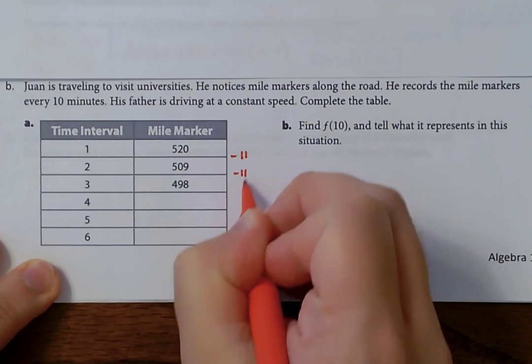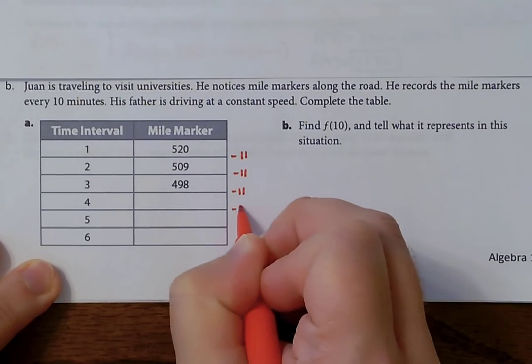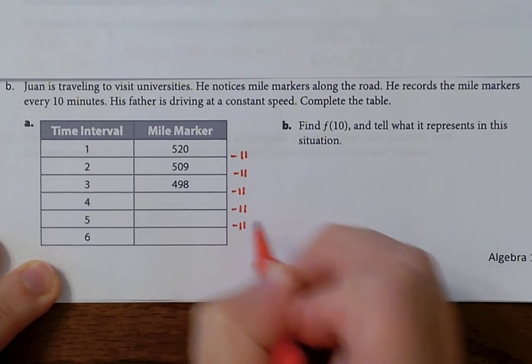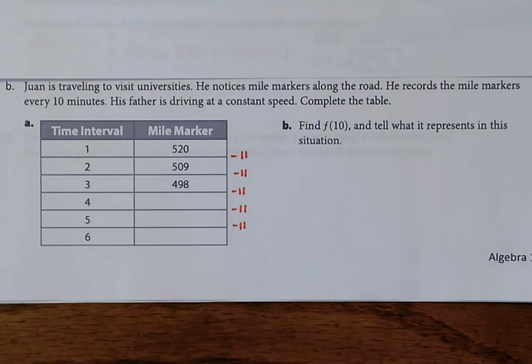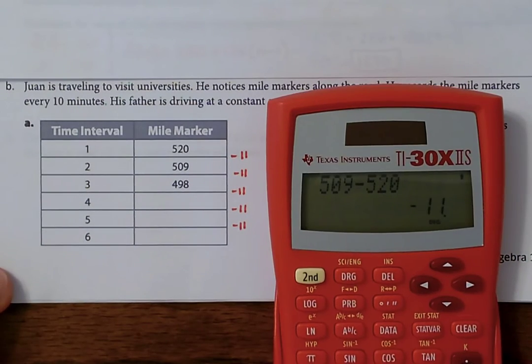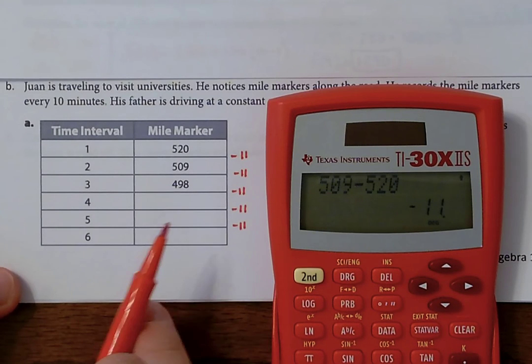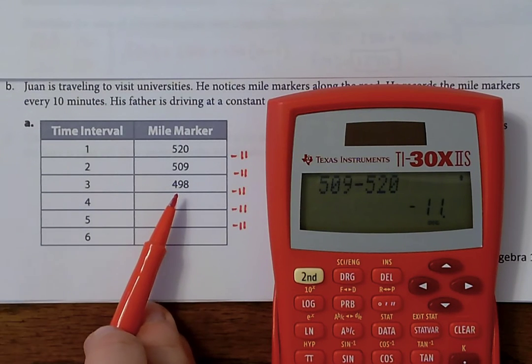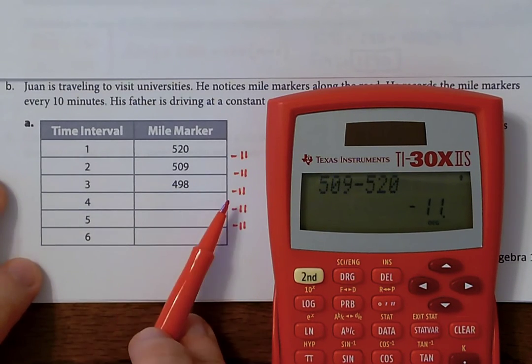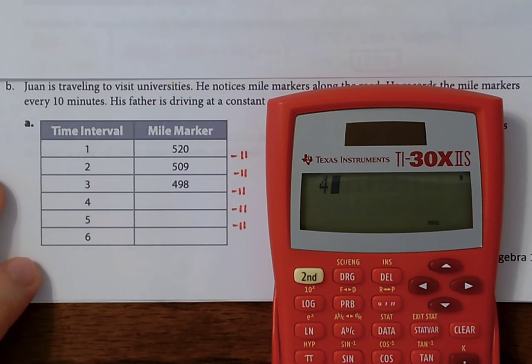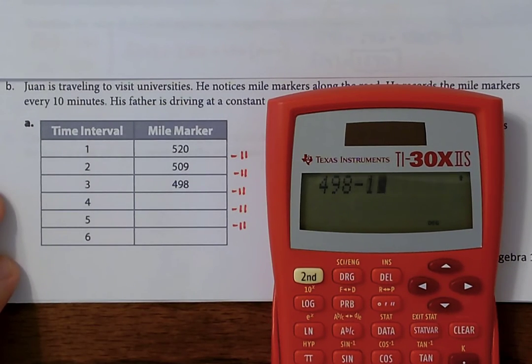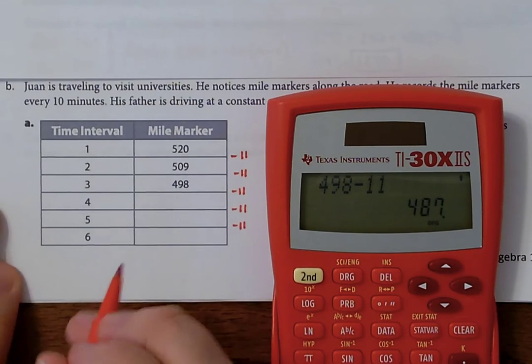So we're subtracting 11 each time to get to my next number, or my next term, sorry. So to figure out my other parts, we're going to take 498 and we're going to subtract it by 11. So 498 minus 11, that's going to give me 487.